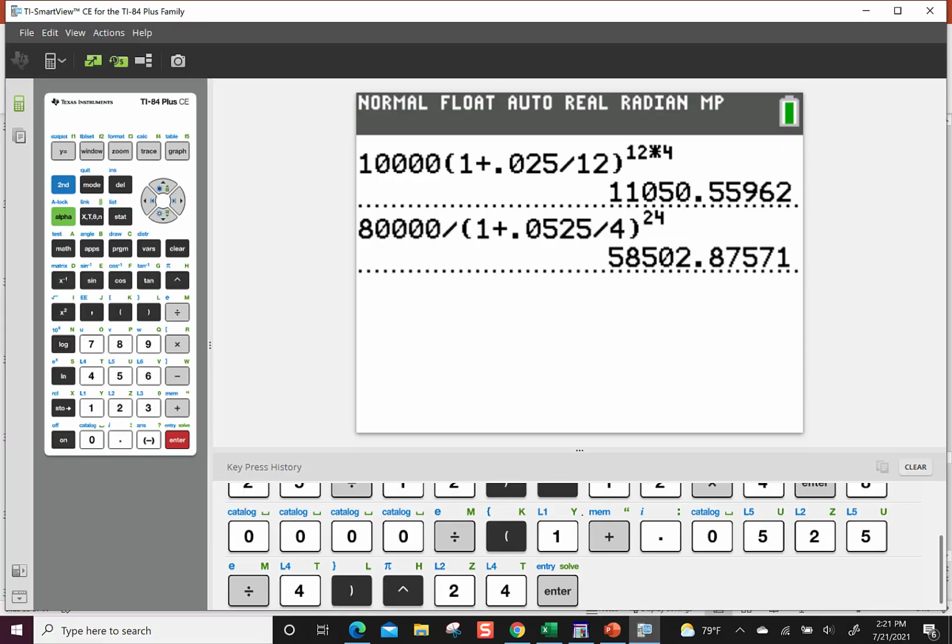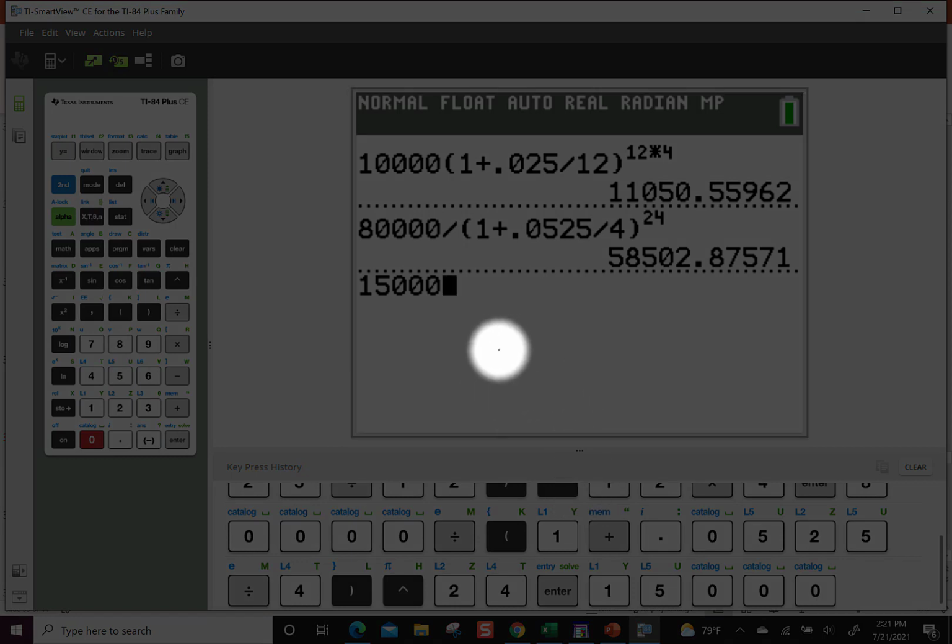And I'm sticking with the TI for a minute, so we have 15,000. Now e is on my calculator twice when I look at it, so there's one time over the divide sign, and there's also this point which is over ln, and I'm going to use that one that's over ln because when I look at it I can see it says e to the x, so I know ahead of time it's looking for an exponent.